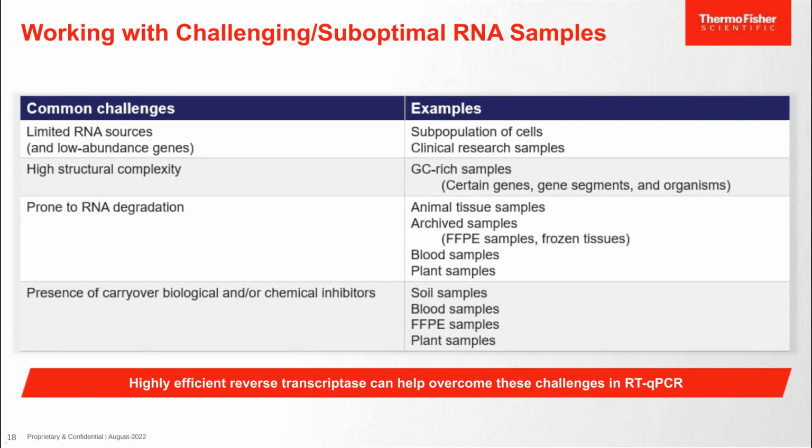Selection of this type of enzyme is most critical, however, when working with challenging or suboptimal RNA templates in order to avoid potential failures of your reaction based on your enzyme selection.